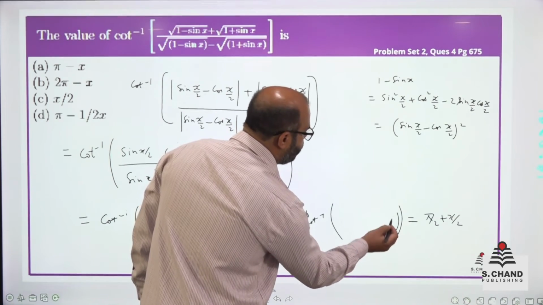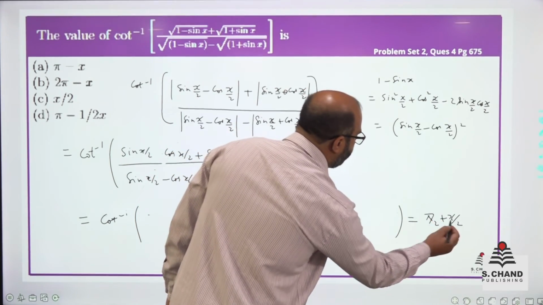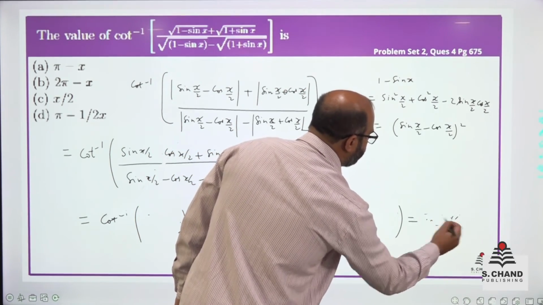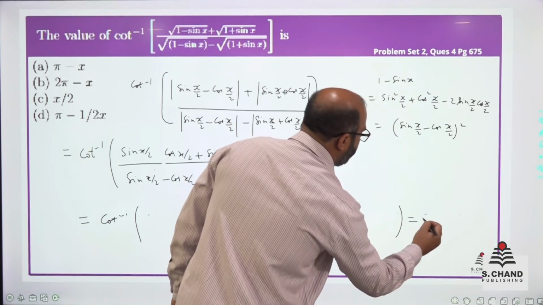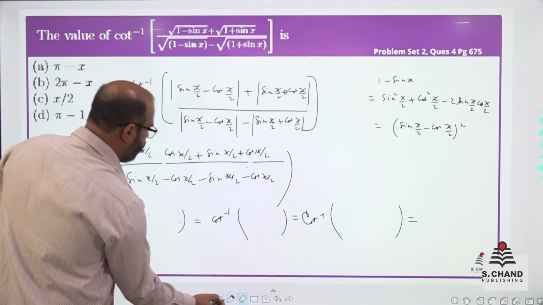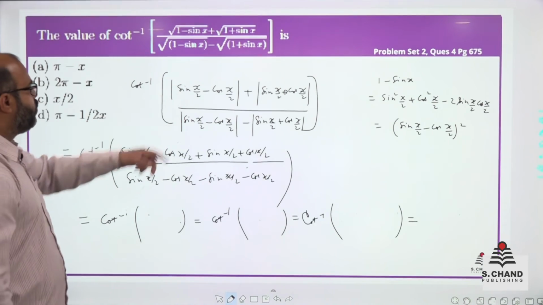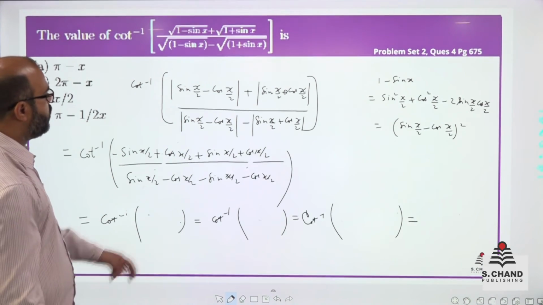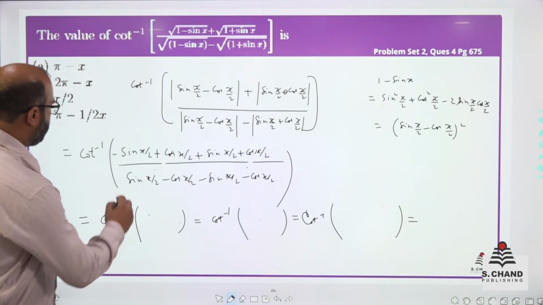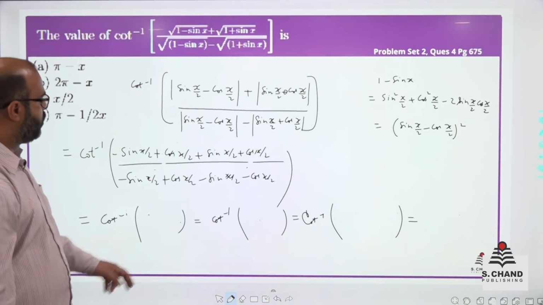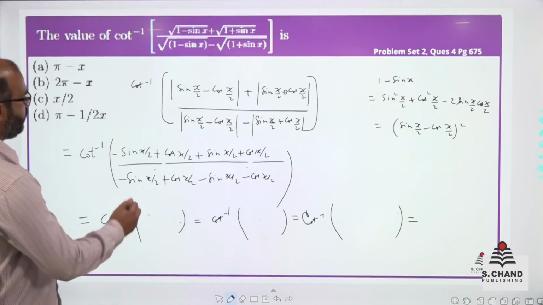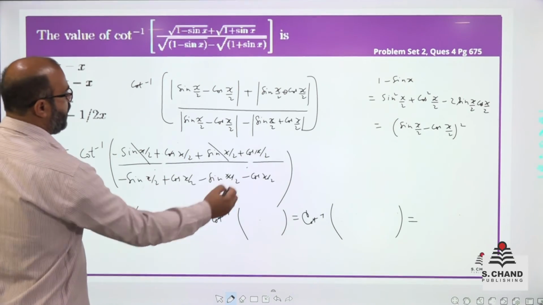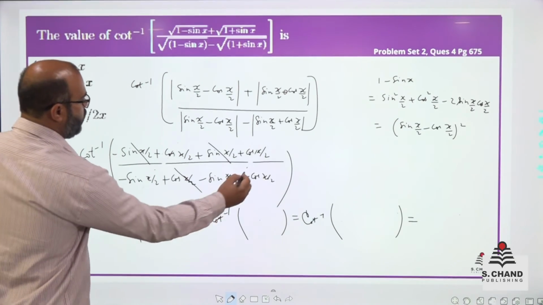Otherwise, ideally for subjective questions, you have to do by both the methods. Both ways are possible, right? So sin x/2 minus cos x/2 will be minus sin x/2 plus cos x/2. This is fine. Here again minus sin x/2 plus cos x/2. Then what will get cancelled? Minus sin x/2 will cancel and cos x/2 will cancel.